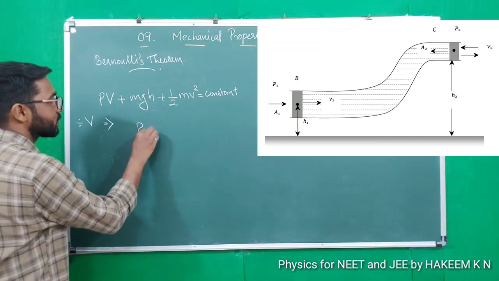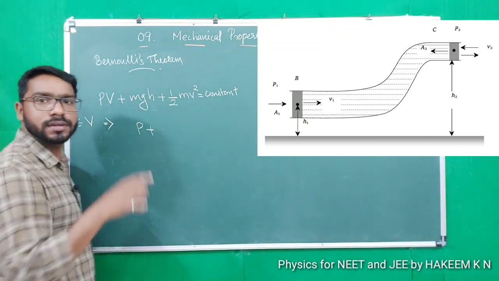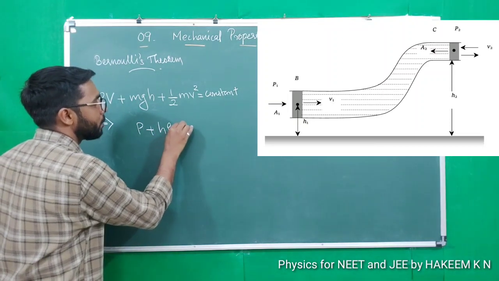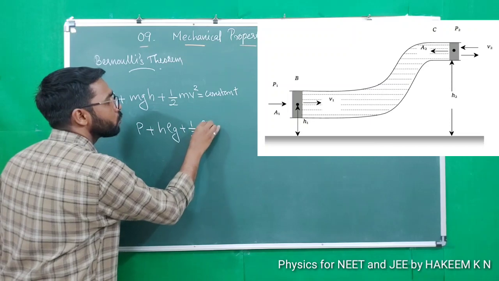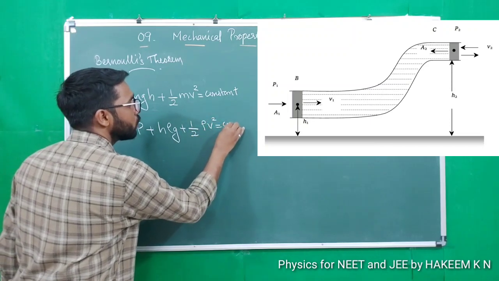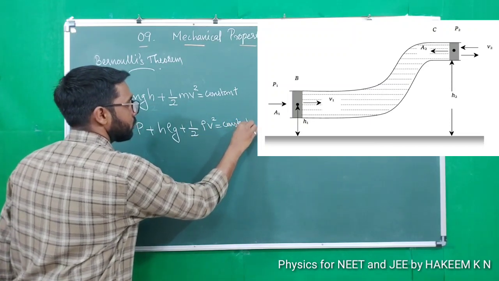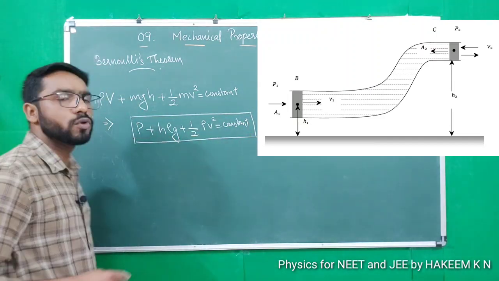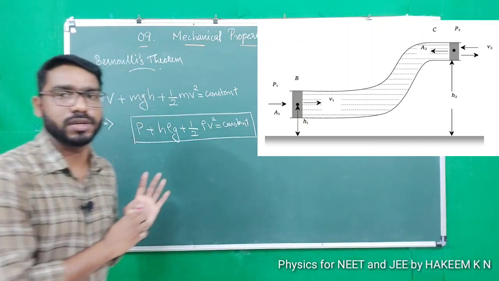Or, when we take per unit volume, mass by volume is density, so we get P plus h rho g plus half rho v square equal to constant.